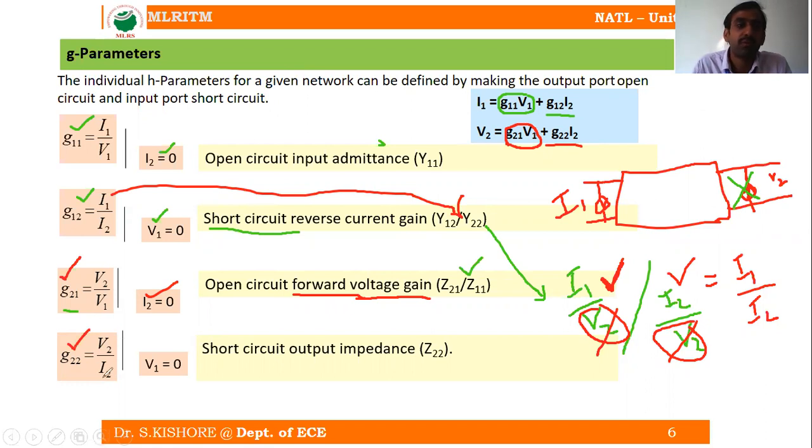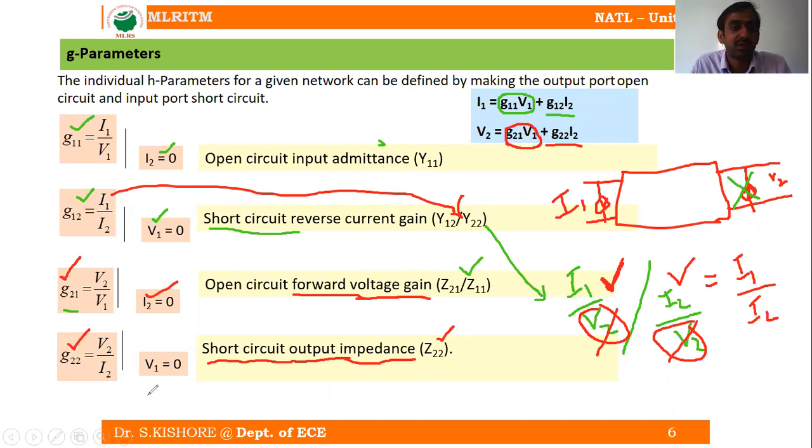V by I is nothing but the impedance, and both correspond to the output, so it is the output impedance. As we obtained this at V1 equal to 0, it is the short circuit output admittance. And this same value we can write as Z22, where Z22 is also known as V2 by I2.